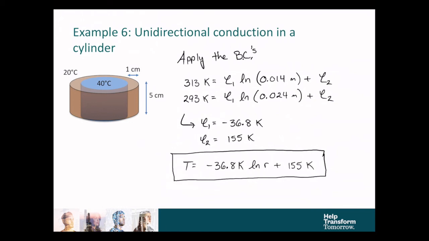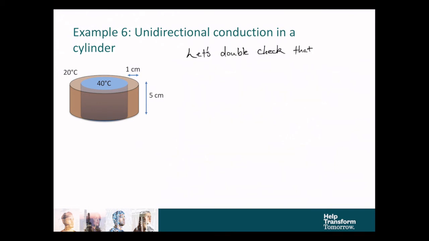And just to be sure that we calculated that correctly, let's go back and double check that our Q value is correct. So we know that from Fourier's law, Q is related to the first derivative of temperature. And we've just calculated a temperature profile.